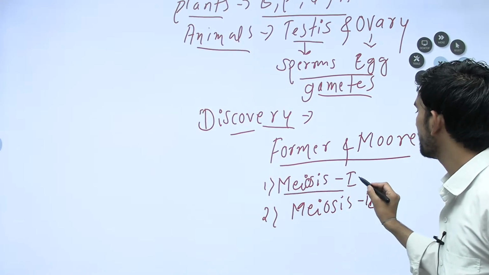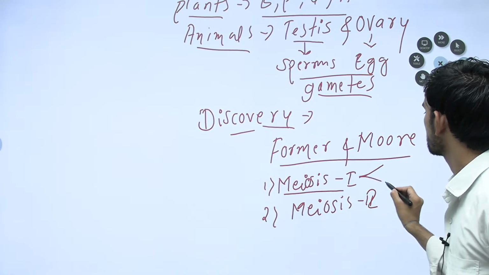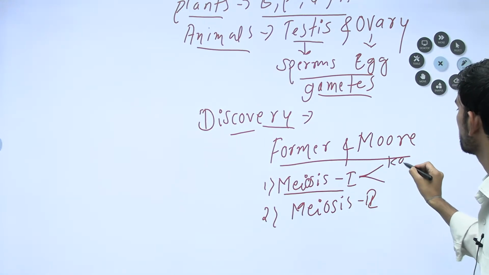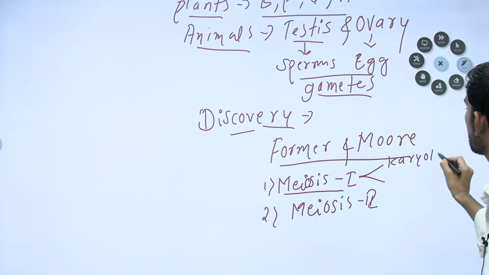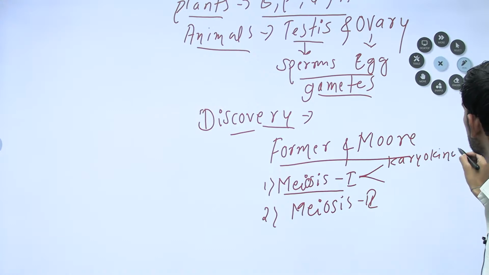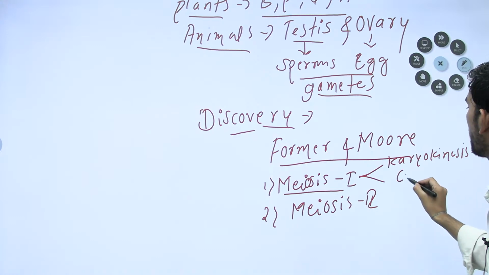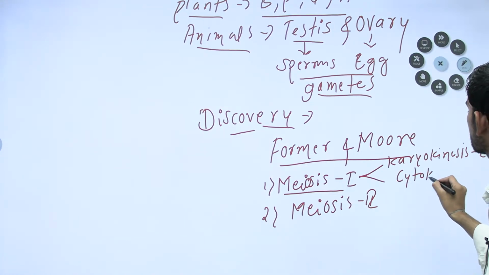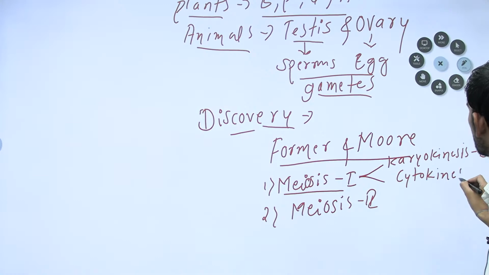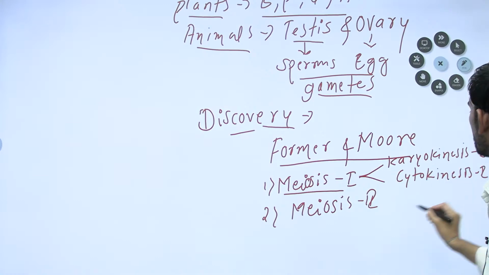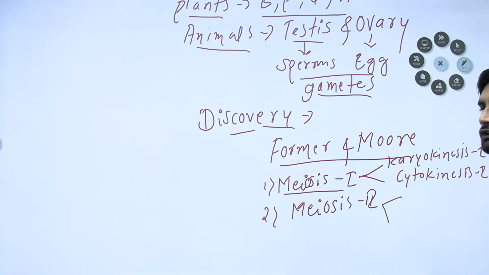Meiosis 1 division involves two processes: number 1, karyokinesis 1, followed by cytokinesis 1. And finally meiosis 2 is followed by karyokinesis 2.